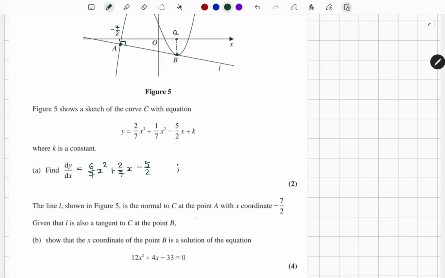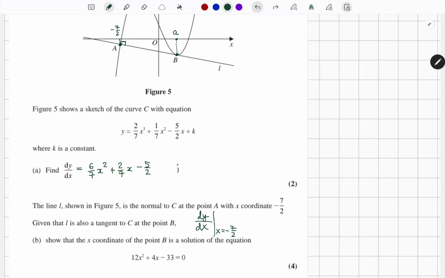So first step is to find dy over dx at point x equals minus 7 over 2. I would like to use my calculator. Where's my calculator? So minus 7 over 2. I put that value in my calculator and press equals button in order to save this result in answer.